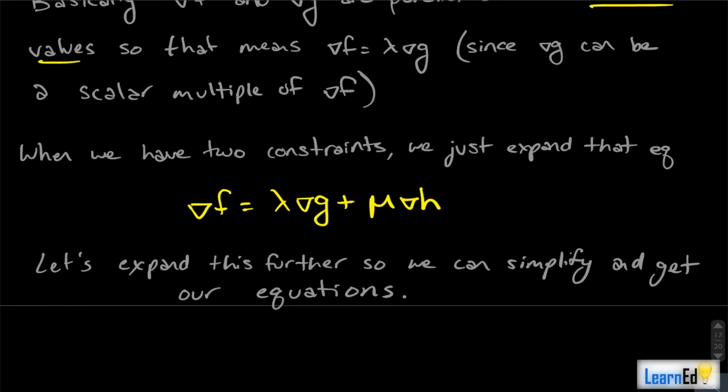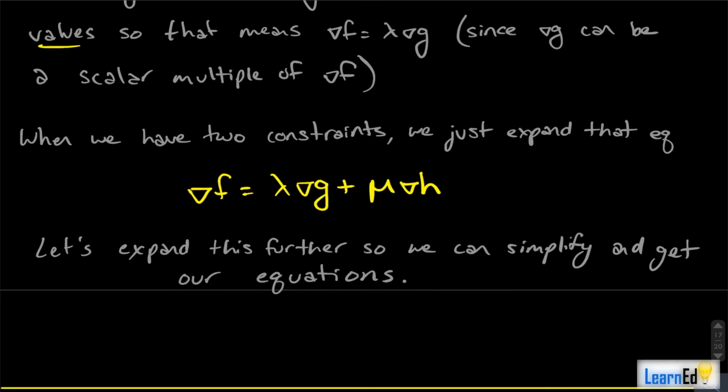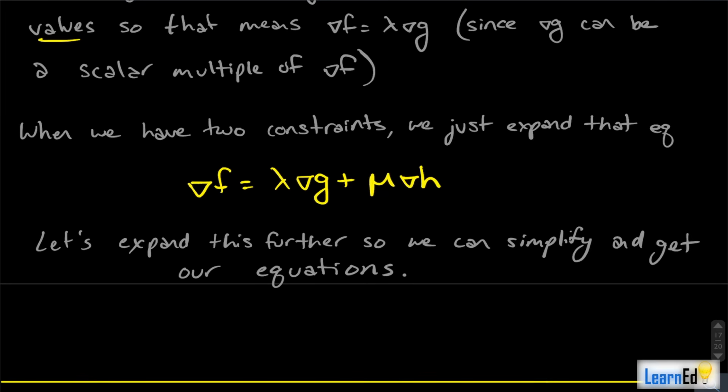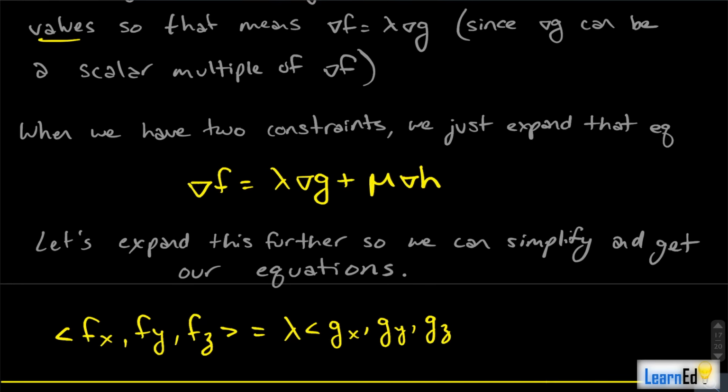So expanding this out, the gradient of f is just this, right? Our partial x, partial y, partial z. And that's equal to lambda times the gradient of g, which is just gx, gy, gz, okay, plus mu times hx, hy, hz.